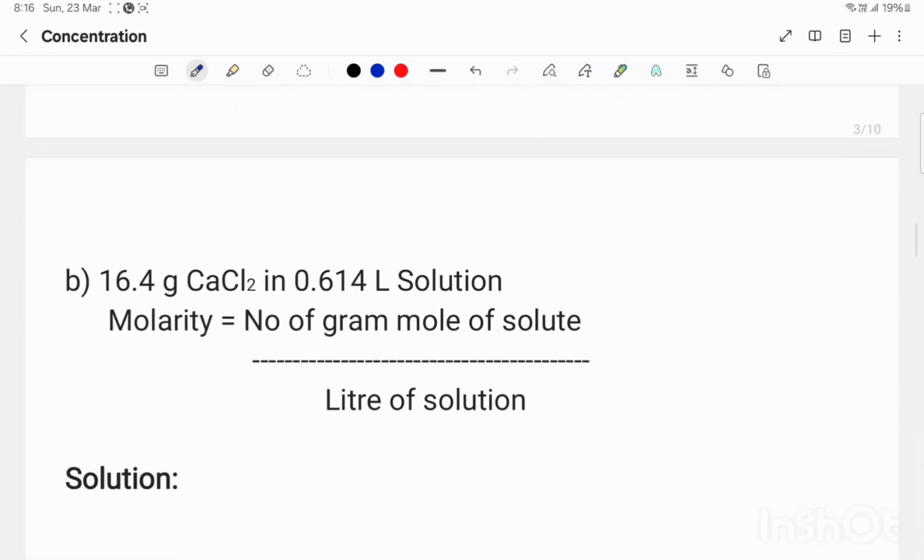The given data in the problem is 16.4 gram of CaCl2 in 0.614 liter of solution. So the same question, they have asked us to find out what is molarity. Molarity is defined as the number of gram moles of solute divided by liter of solution. So let us write down the given data in the problem.